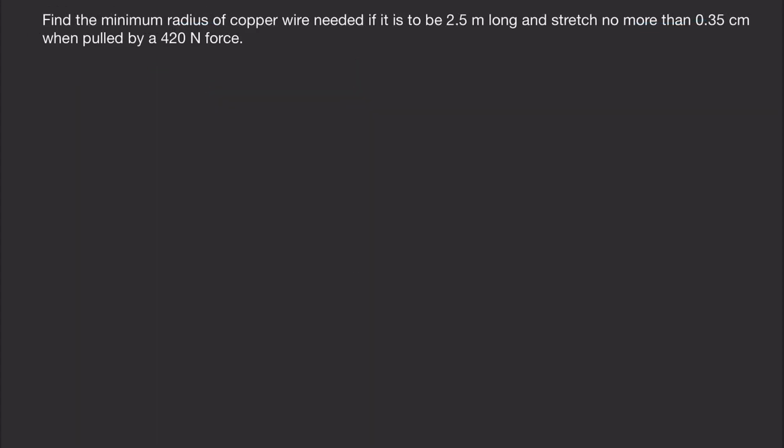The next problem, we want to find the minimum radius of copper wire needed if it is to be 2.5 meters long and stretch no more than 0.35 centimeters when pulled by a 420 newton force. So we have some copper wire where a force is being applied. Our original length needs to be 2.5 meters.